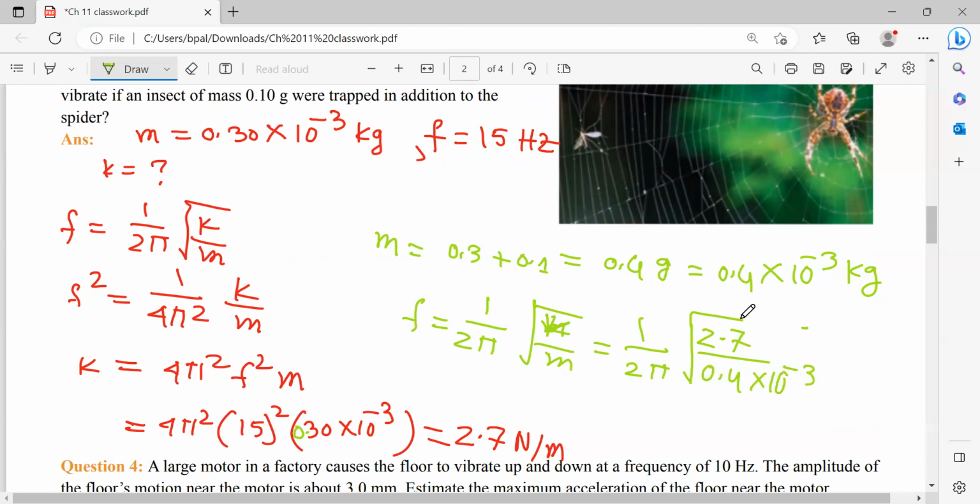So if you plug all these values in your calculator, it should change the frequency from 15 hertz, what we had earlier, to 13 hertz. So the answer for the second question, this is B, is 13 hertz. And this is actually K.